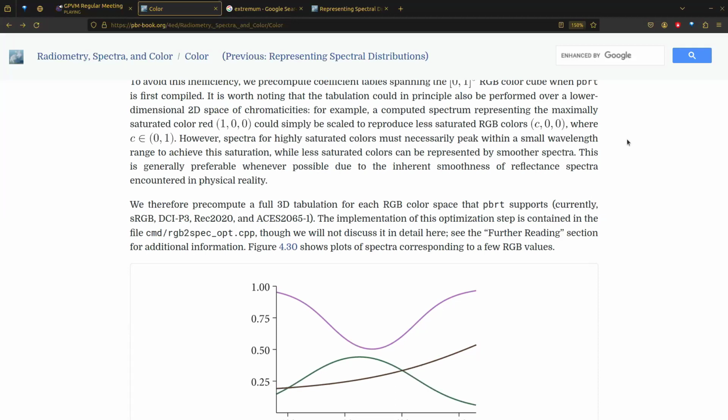Spectra for highly saturated colors must necessarily peak within a small wavelength range to achieve this saturation, while less saturated colors can be represented by smoother spectra. It's generally preferable whenever possible due to the inherent smoothness of reflecting spectra encountered in physical reality.